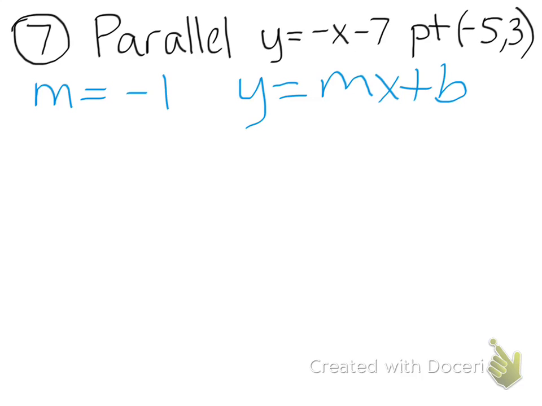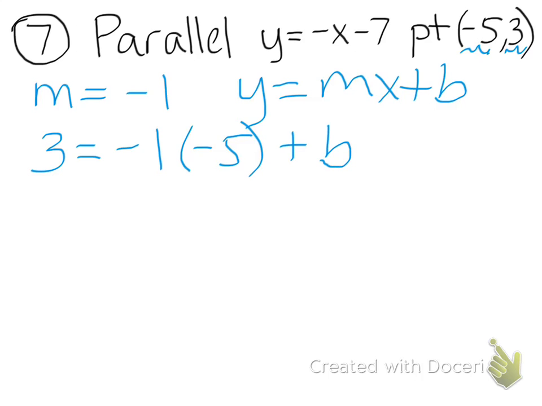So our y coordinate here is 3. So we're going to write 3 is equal to, our slope comes next, which is -1, x, which is -5, and then plus b, that's what we're solving for.